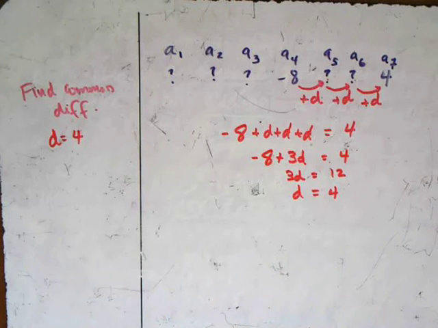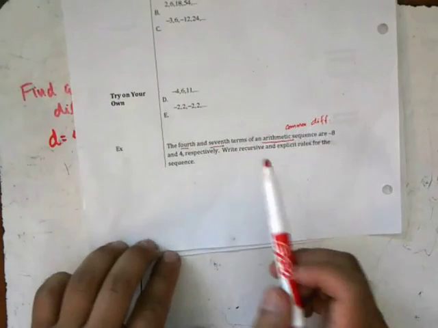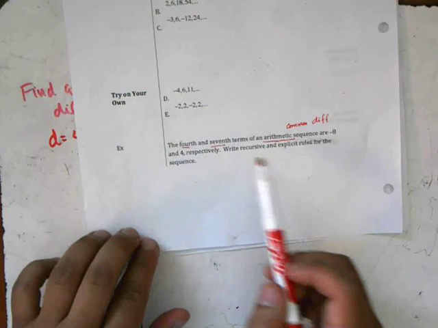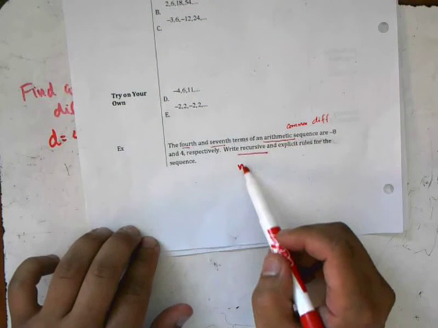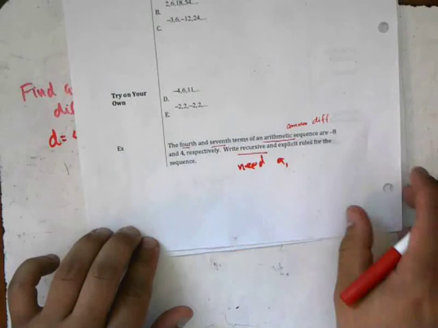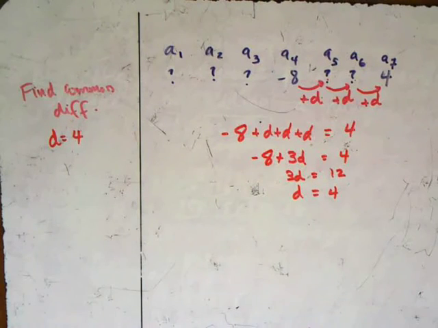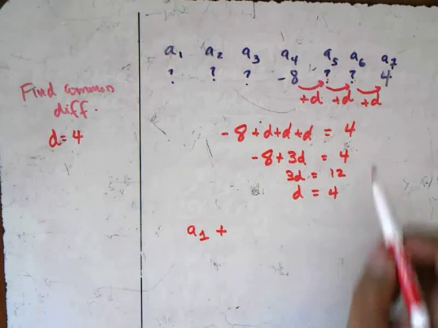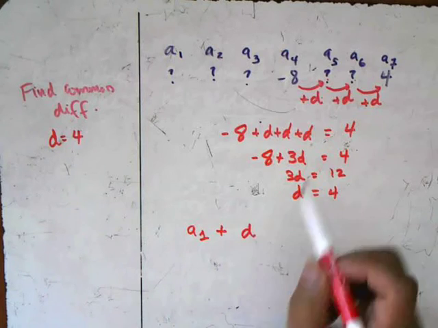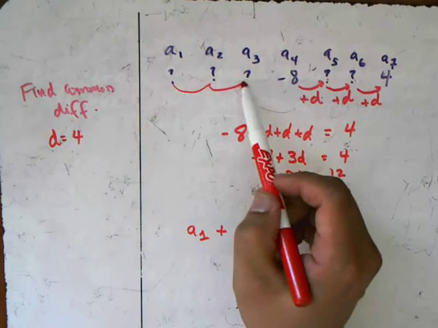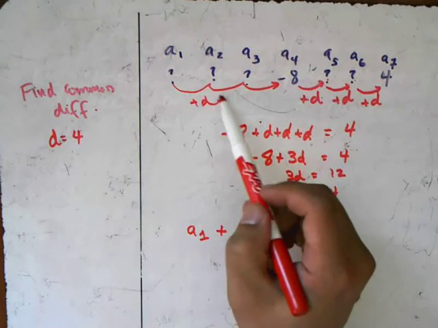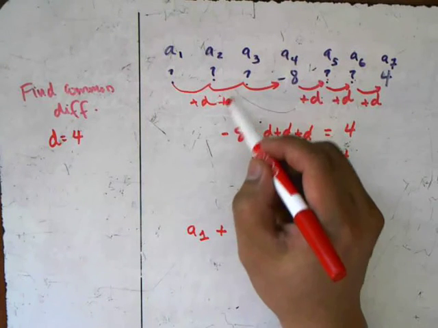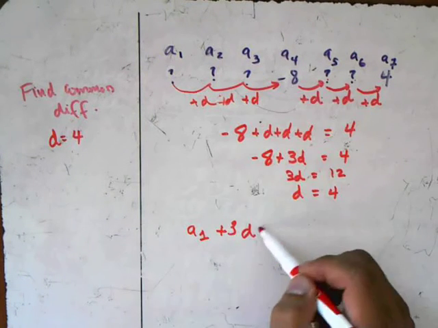And remember, we're asked to find the recursive rule and the explicit rule. And for both of these, we need A1. Well, now we can sort of work backwards. We know that A1 plus the common difference 3 times, 1, 2, 3, is equal to A4.